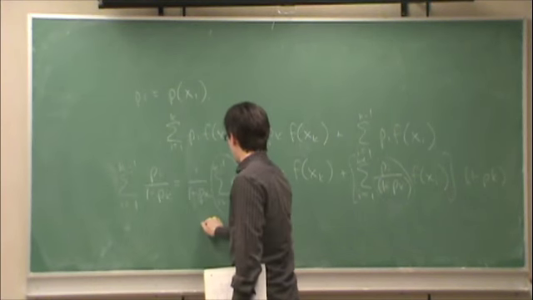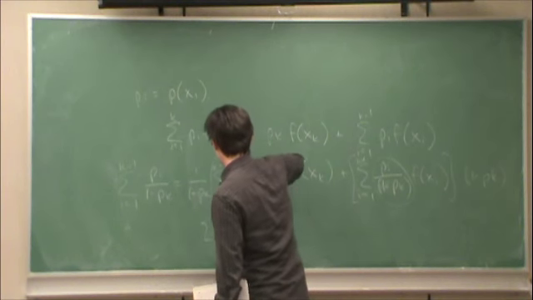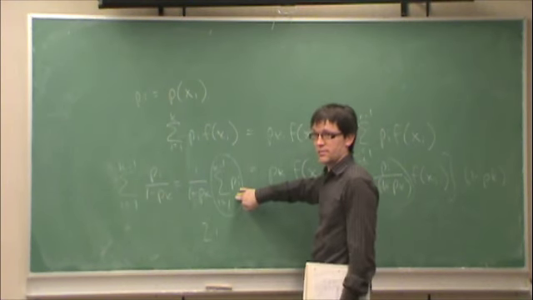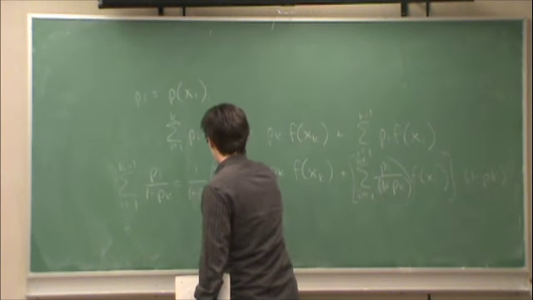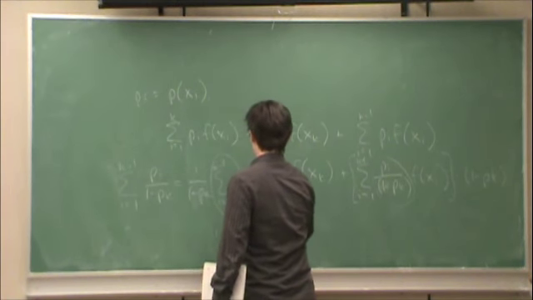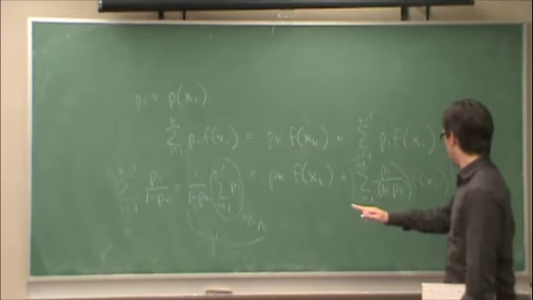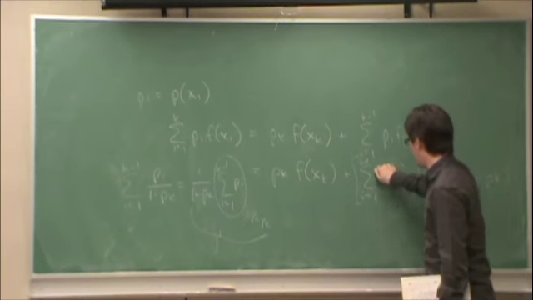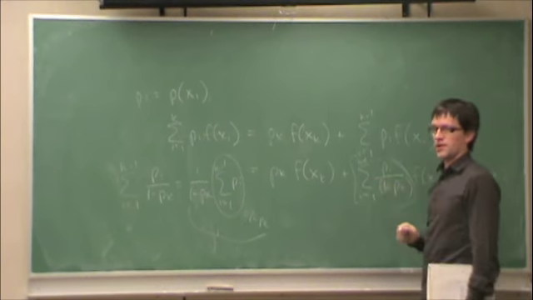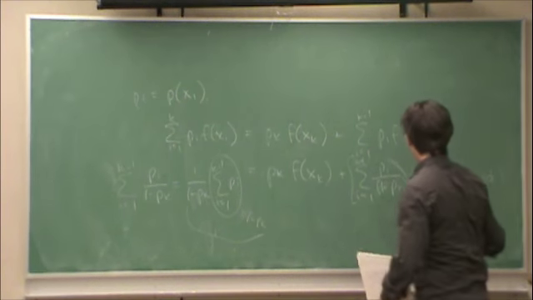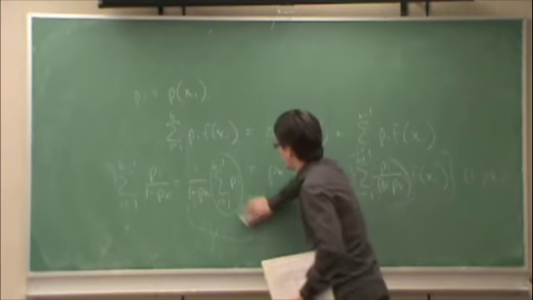This sum plus pk must equal 1, so therefore this sum must equal 1 minus pk. So therefore this is 1. What's important about that is that this, from 1 to k minus 1, is a probability.